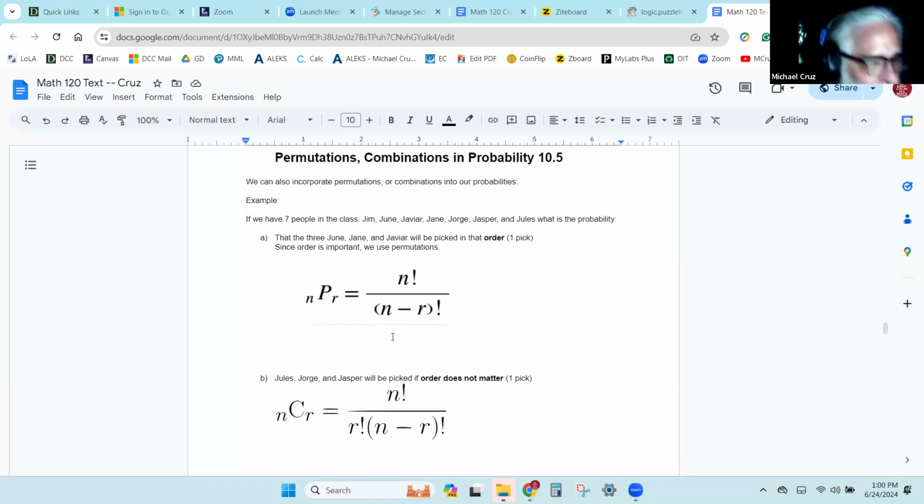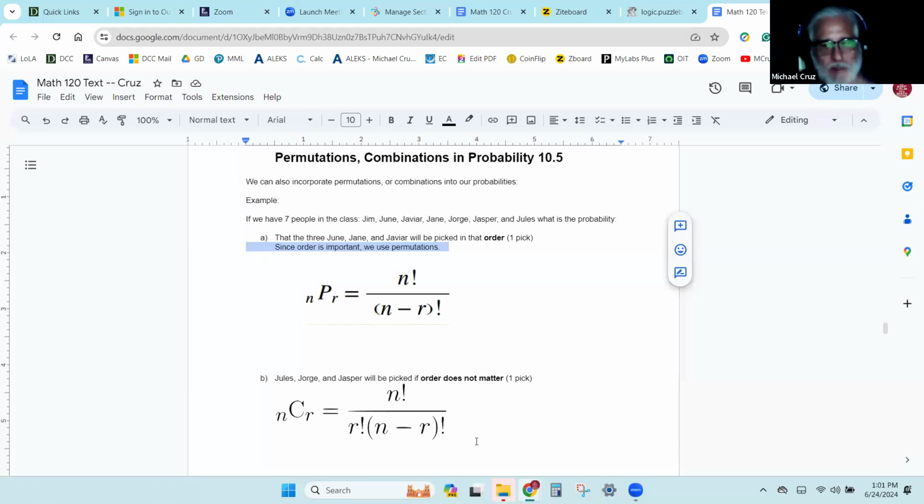We just need to know how many there are. Okay, so then we can use our counting methods, our multiplication principle, and we can use permutations and combinations and probability. Remember, order means that we use permutations. No order means we use combinations.